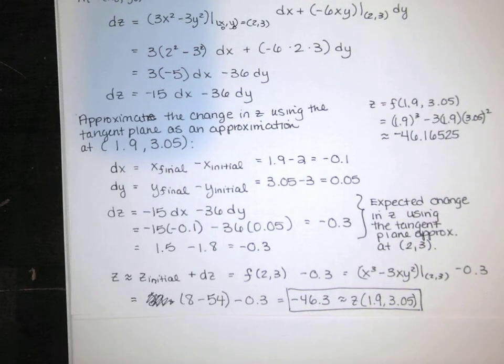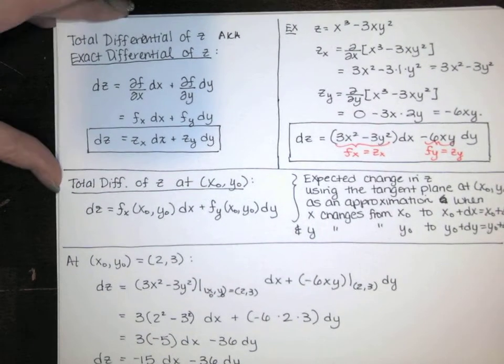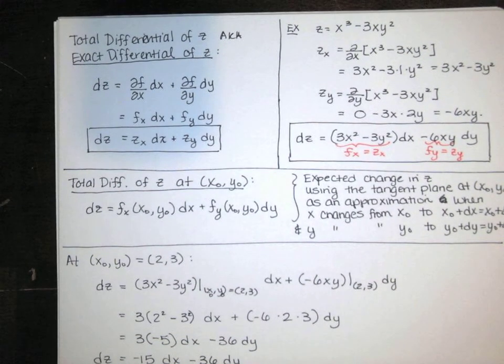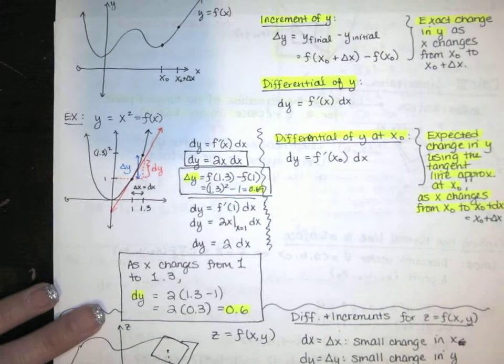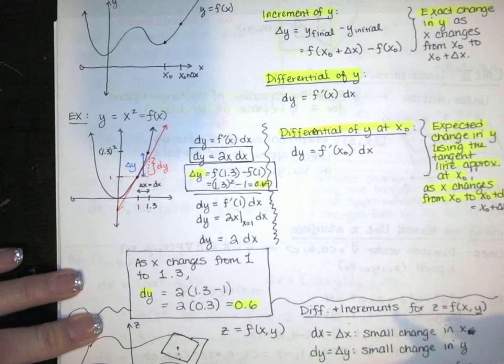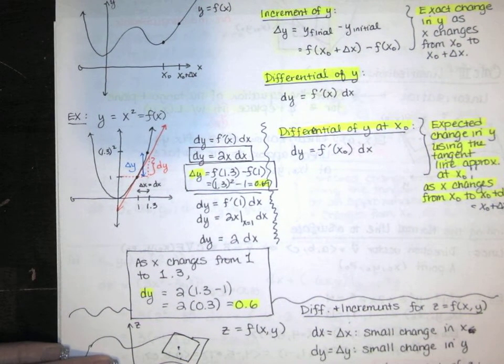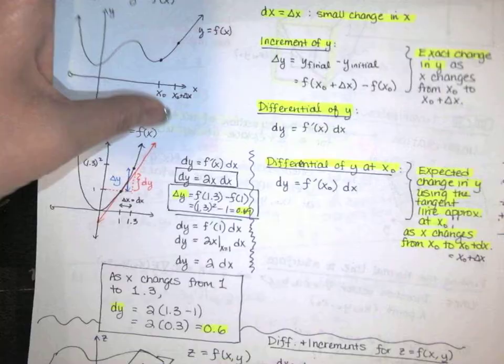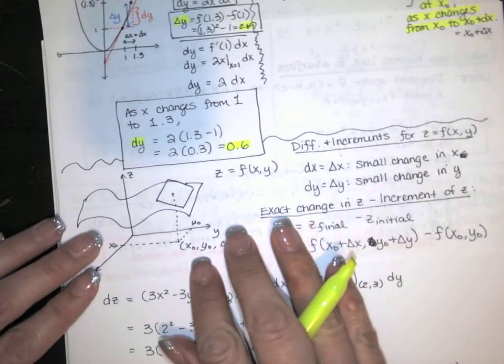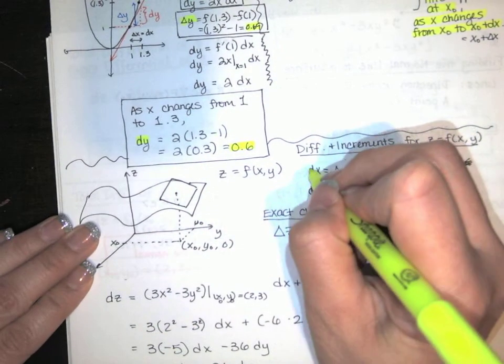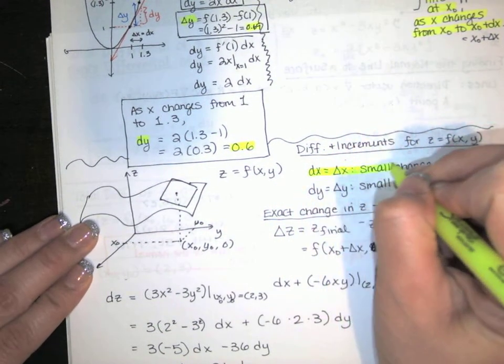Okay, so recap. What does all of this mean? We're talking about differentials and increments. Differentials, dx and dy, when we're talking about functions of two variables. Delta x and dx and delta y and dy are being used interchangeably.